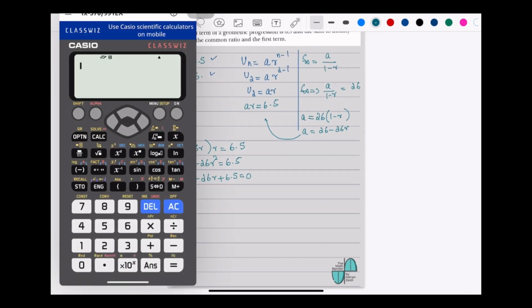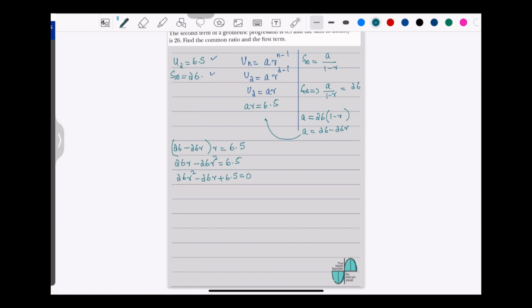And then solving the quadratic equation, I'll use a calculator for it. So 26, minus 26 and 6.5 gives you r equals 1 over 2.